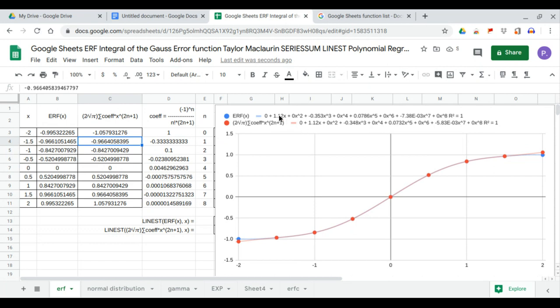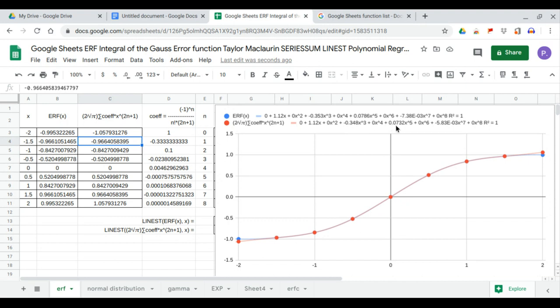And the regression coefficients are almost the same. So B0 and B are the same. B1, 1.12. B2, 0. B3, negative 0.353, negative 0.348. B4, 0. B5, 0.0786.